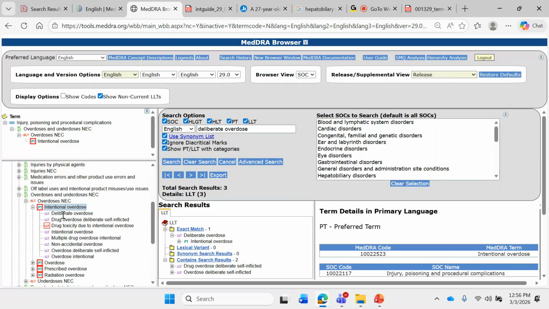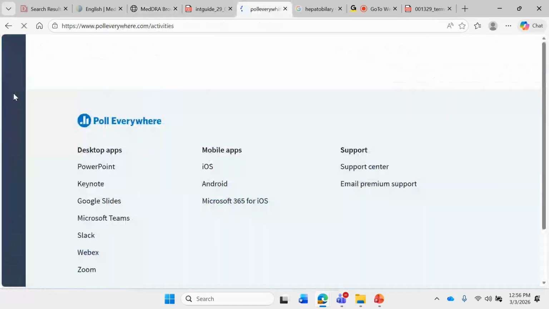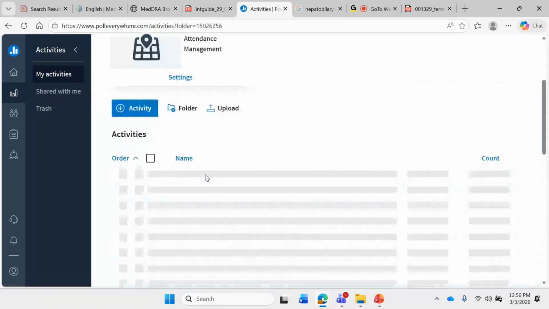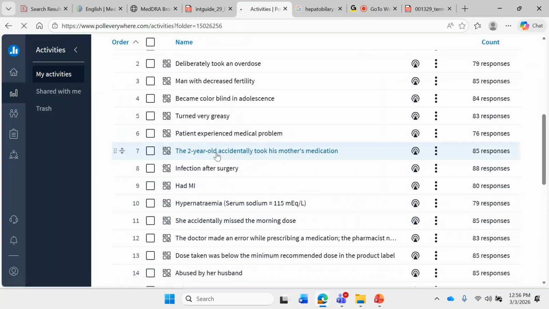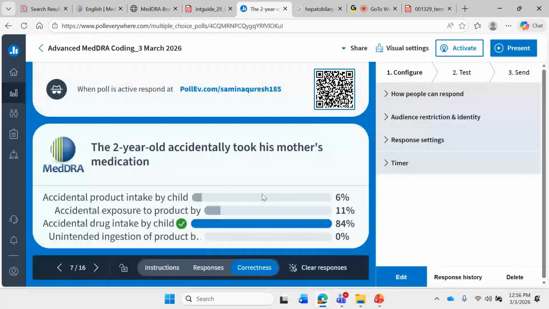Any other questions? Our next question was about an example. The child was exposed to mother's medication, so shouldn't it be accidental exposure to product by child since it was not the child's medication? Let's go to that example. So I think that was a poll question. Let's see. The child example was, okay. The reason we didn't do exposure is because exposure is broader than drug intake, right?